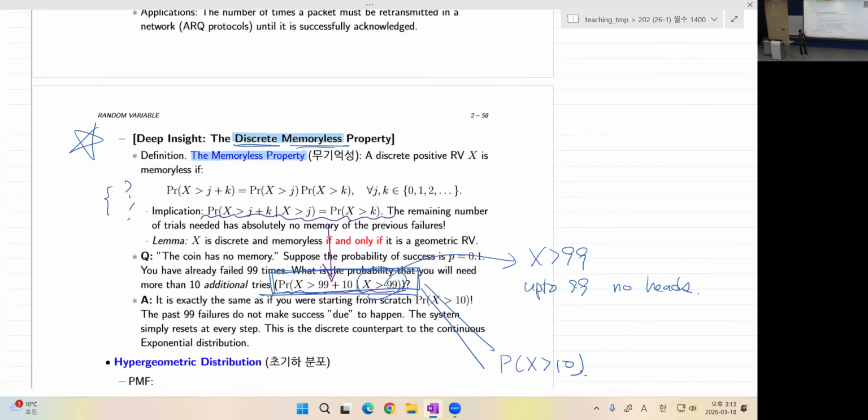By the way, the interesting thing is that only the geometric family of distributions has this property if the random variable is discrete. Then you may wonder, is there any continuous random variable that has the memoryless property? Yes, and that is the exponential family, as we will see.